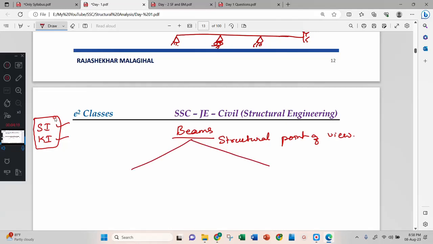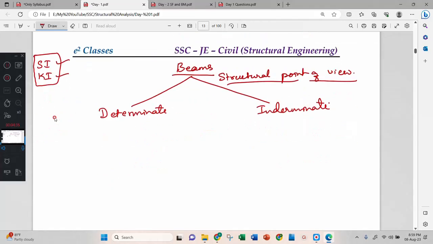Now look here. We have two types of beams based on the structural point of view: the determinate beam and the indeterminate beam. What is a determinate beam? A determinate beam is one where the number of equilibrium equations is equal to the number of reactions.